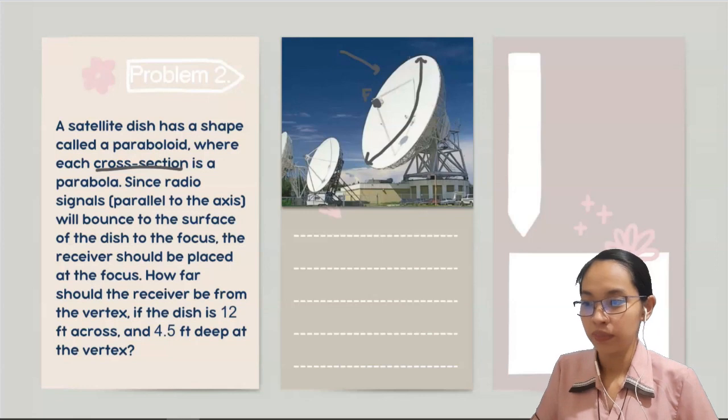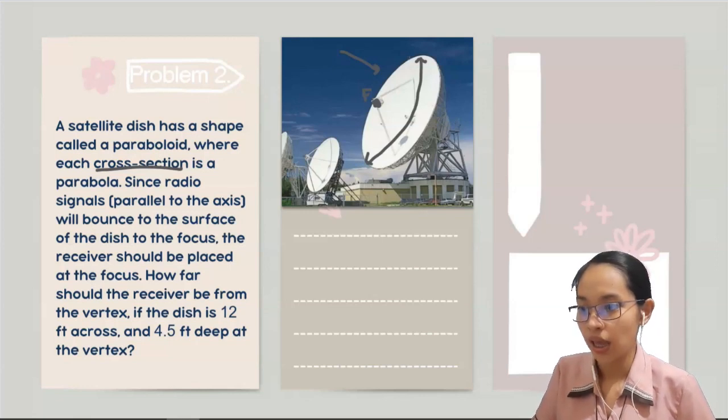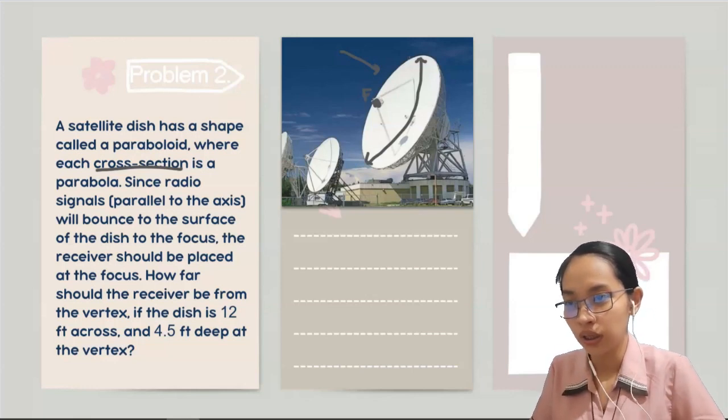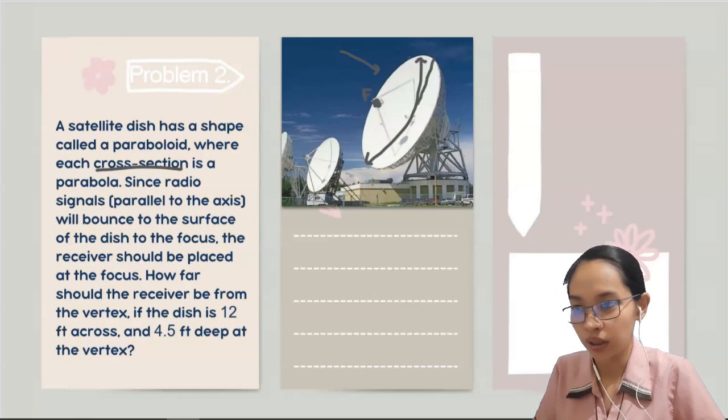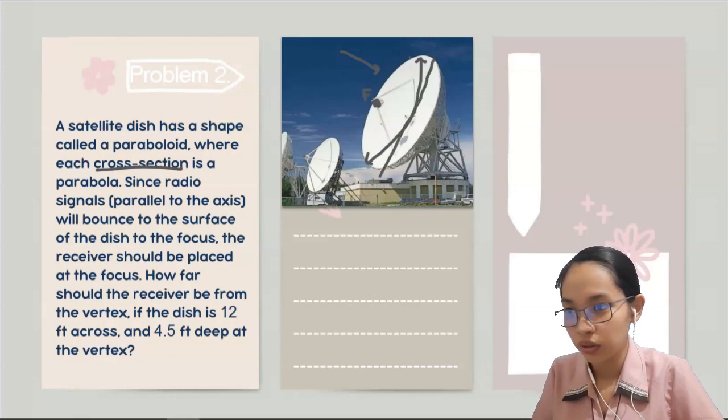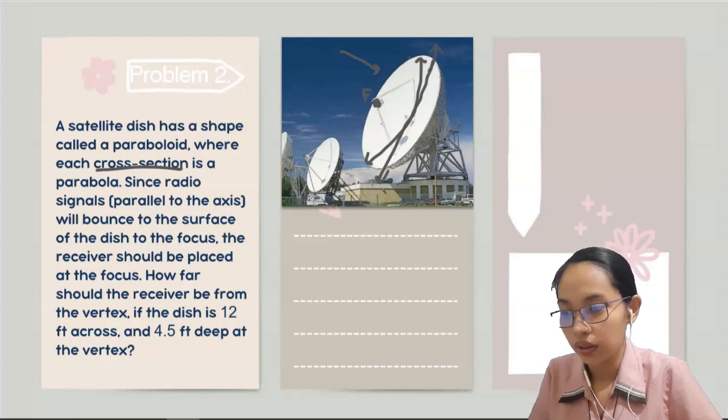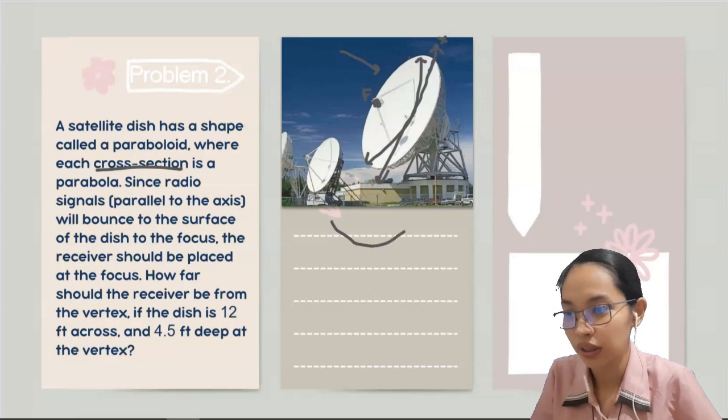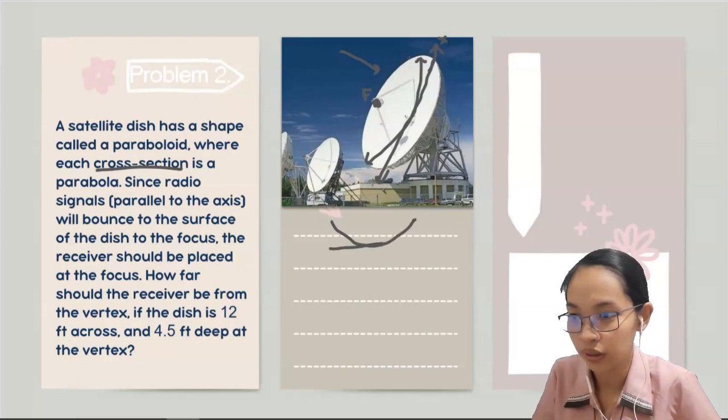How far should the receiver be from the vertex if the dish is 12 feet across and 12 feet deep at the vertex? For example, if we consider this as our parabola and we draw here as our x-axis, so imagine nyo yun parang nakatagilid. So for example, nakaganyan.